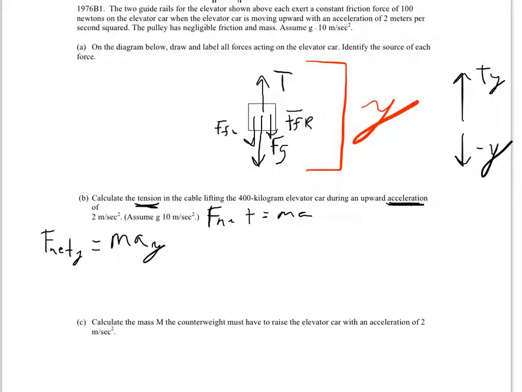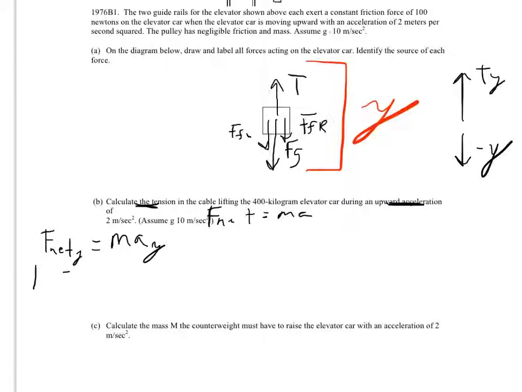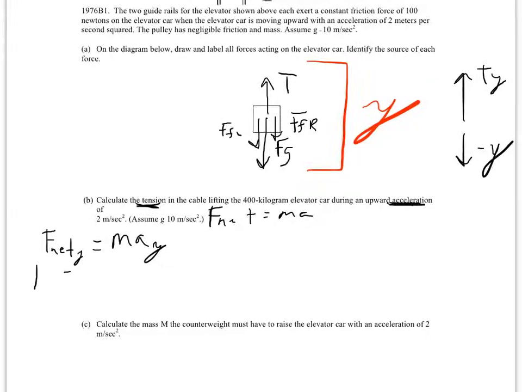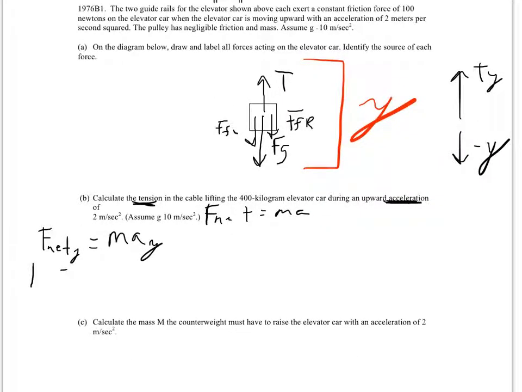Now note, this counterweight has to fall down because the problem says that the elevator car is going up. And since they're on a pulley, they have to go in opposite directions. That means that the acceleration over here is negative. So this term will come out to be negative, because earlier I called up positive y and down negative y.